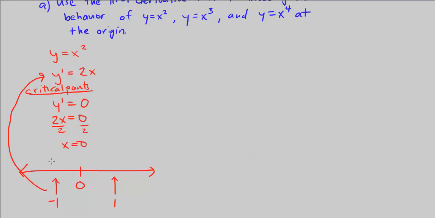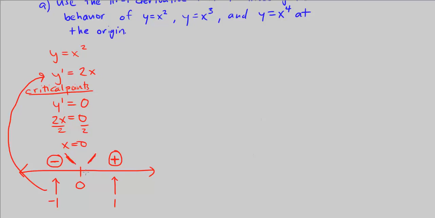So when we plug -1 into 2x, we get 2 times -1, that's -2. But we don't care about the value, we just want to know if it's positive or negative. Negative means decreasing. That's a decreasing segment. Plugging 1 into y prime, we get 2, positive, which tells us it's increasing.